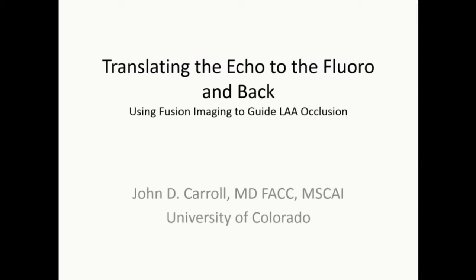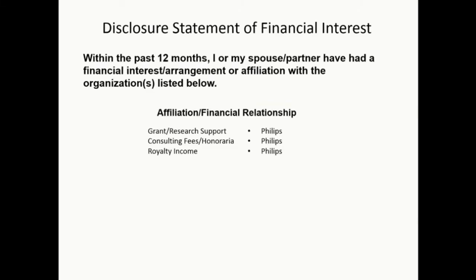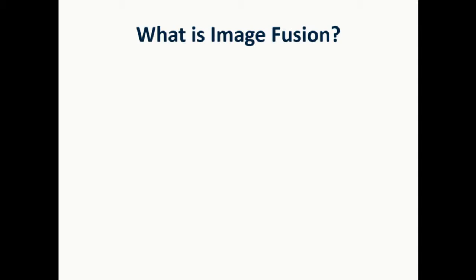So I redid this talk in the last 24 hours after the Transseptal course that some of the organizers put on, to try to articulate why I think image fusion really makes a lot of sense and helps us perform tasks, even something as basic as transseptal catheterization that, yes, you can do purely with X-ray guidance.